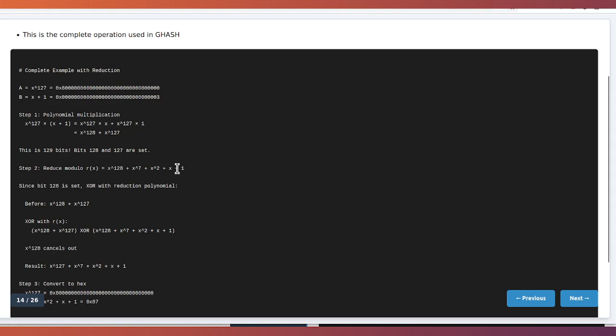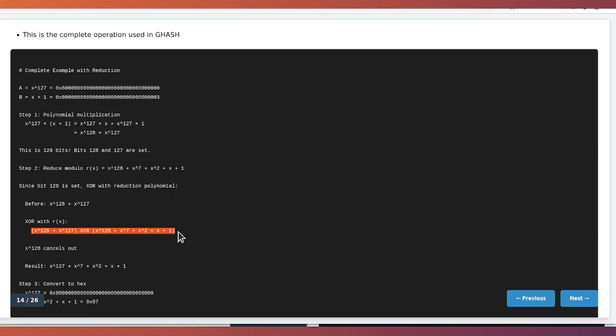The reduction polynomial is x to the 128th plus x to the 7th plus x squared plus x plus 1. When bit 128 is set in our result, we XOR with the reduction polynomial to cancel it. X to the 128th XOR x to the 128th plus x to the 7th plus x squared plus x plus 1 gives us x to the 7th plus x squared plus x plus 1.